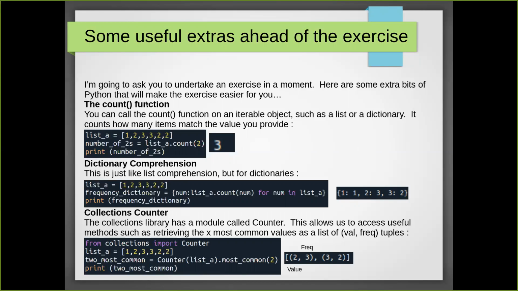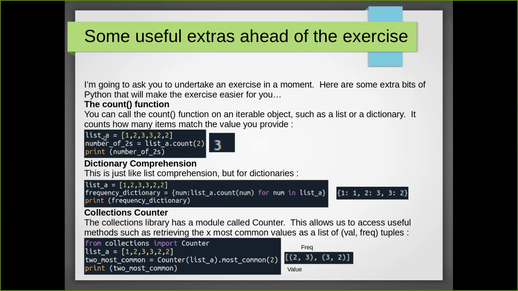So the first one is the count function. The count function is something we haven't actually shown you, but it is really useful. You can call the count function on any iterable object, such as a list, and it will count how many items match whatever value you give to it.